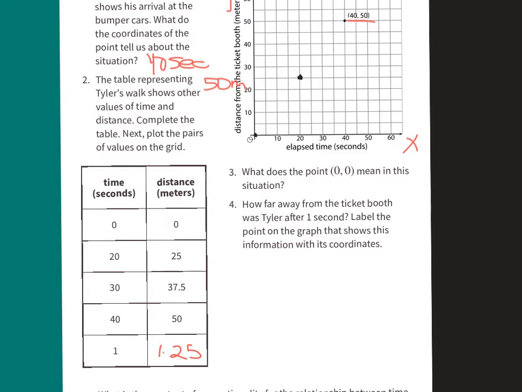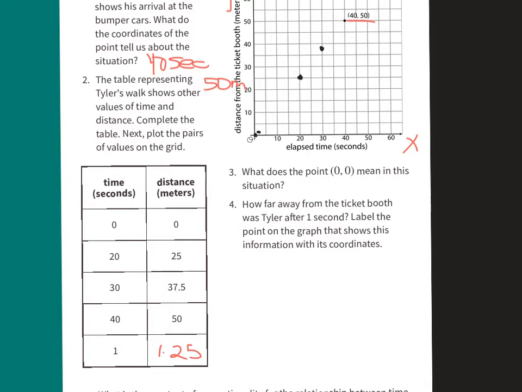Then 30, 37.5: go over 30, up 37.5. That's halfway between 35 and 40, so it's going to be right about there. 40, 50 is already on the graph, and then 1, 1.25. That's going to be like right here. Nope, not right there. It's going to be right here.